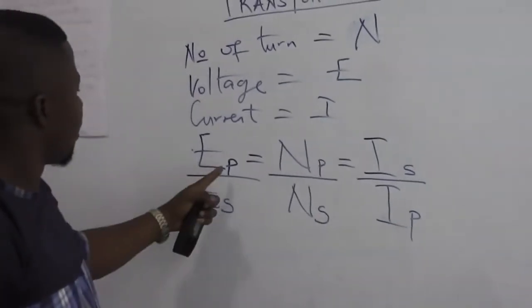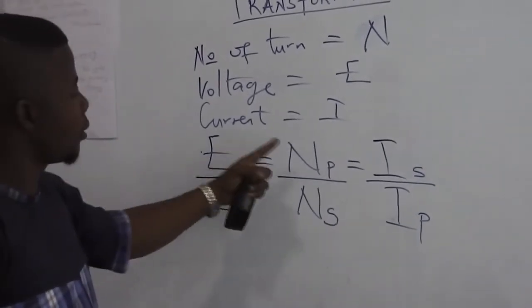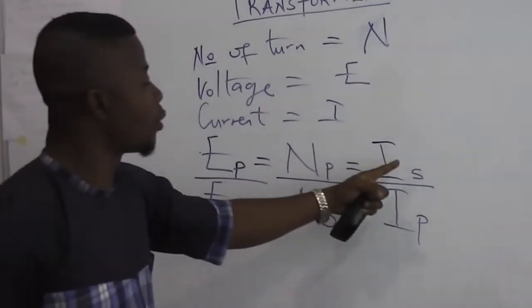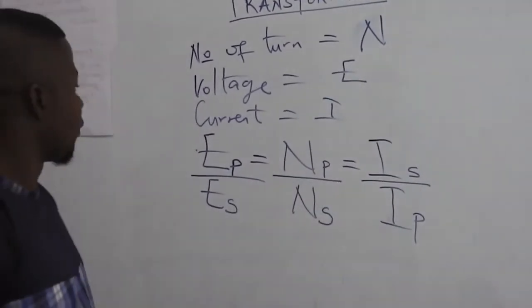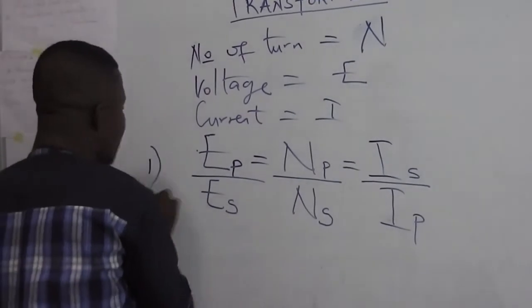That means voltage is increasing, number of turns is increasing, and the current is decreasing. Okay, that's the first transformer calculation.